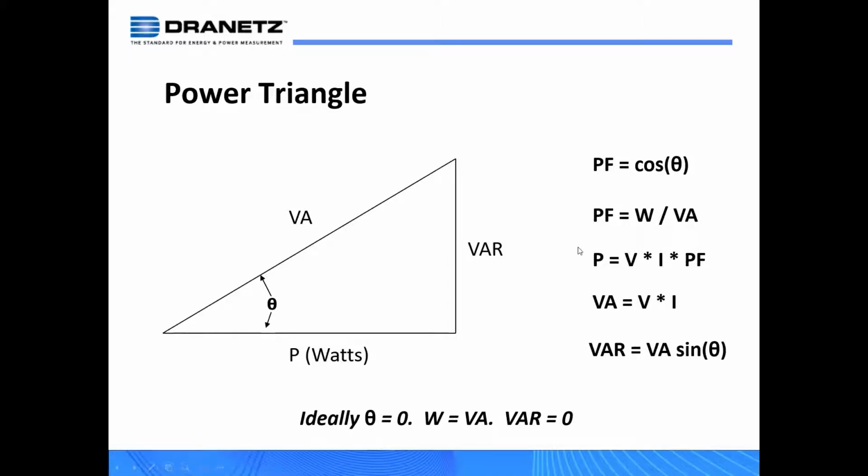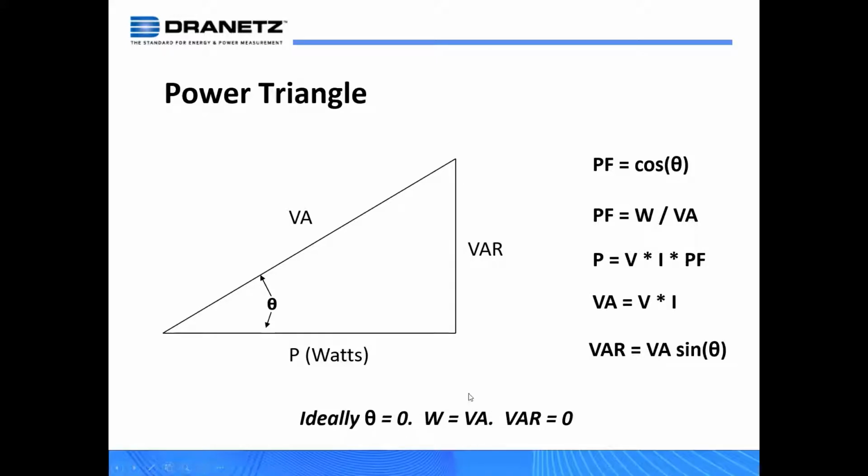So really, in theory, anytime you have an angle between the voltage and current, watts and VA will be different, and watts will be less than VA, which are the losses in that particular system. Ideally the angle between voltage and current is 0.